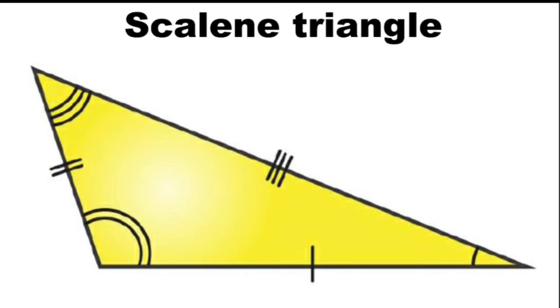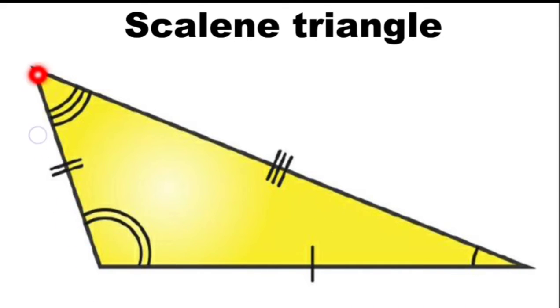First of all, let us see the types of triangles. Students, as you can see here, the first triangle is called a scalene triangle. A scalene triangle has all three sides different. See, this is one side, marked with one line here.